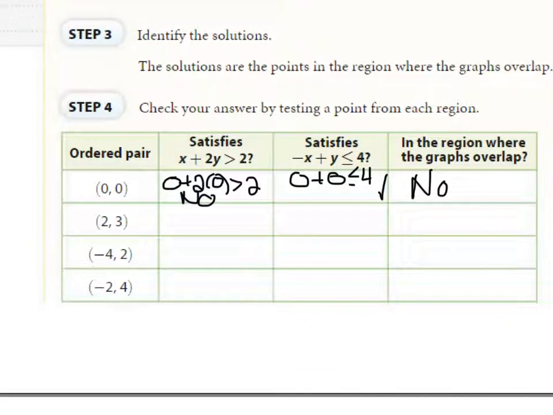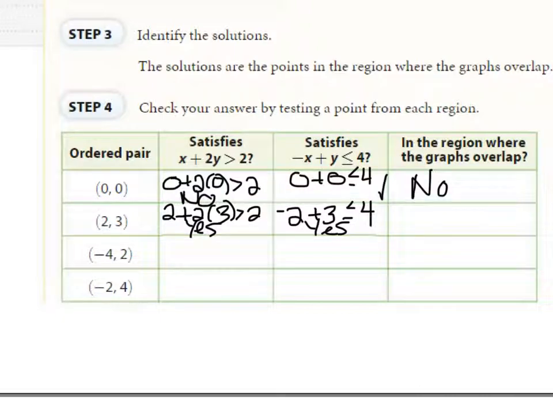2, 3: well, 2 plus 2 times 3, is that greater than 2? And that's going to be a yes. When I plug it into the next inequality, that 2 becomes a negative 2. Plus 3, is that less than or equal to 4? That's a yes as well.